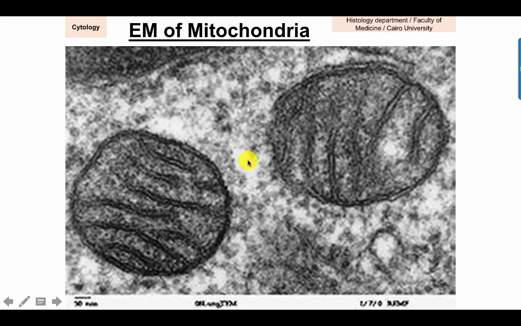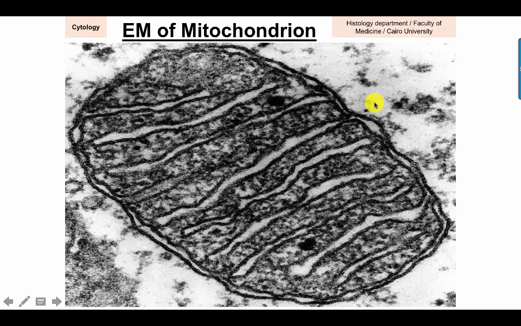Here we have also an EM of the mitochondria: the double membrane, the intermembranous space, the cristae, and the matrix. Again, we have here the double membrane, the cristae, the matrix, and we have very evident dense bodies, which are nothing but calcium that acts as a catalyst for the oxidative enzymes present in the matrix.